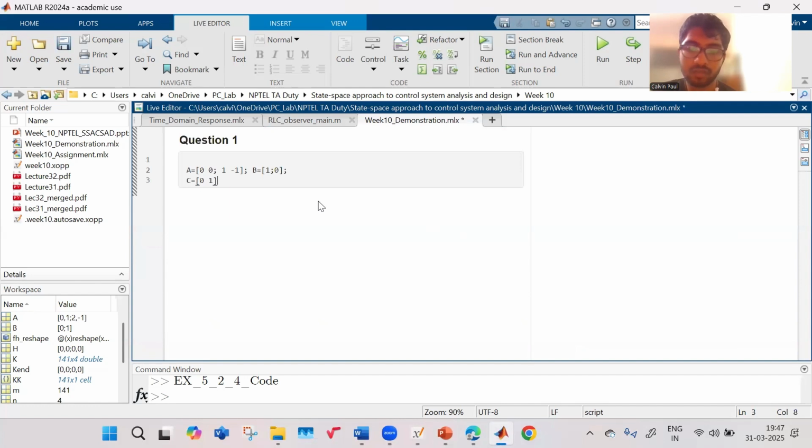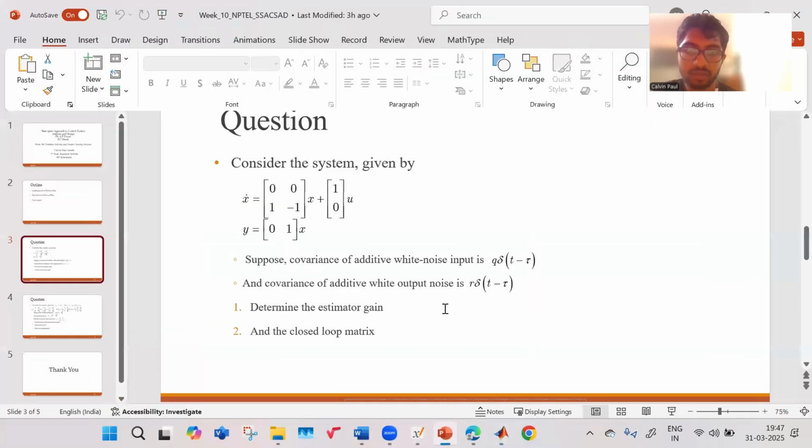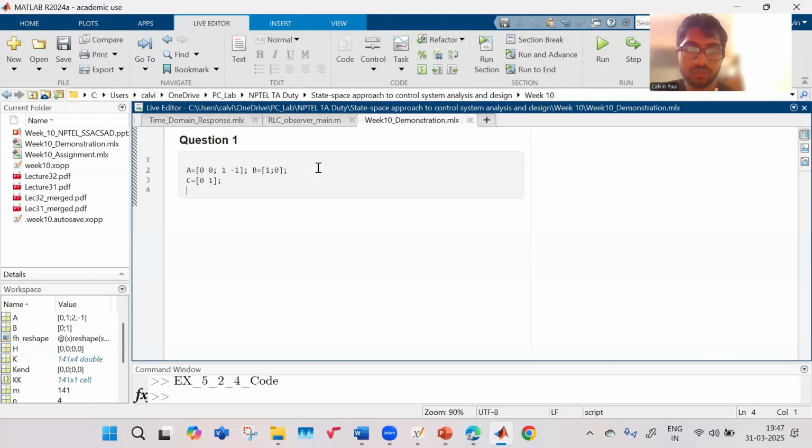P is 0, 1, the ABC matrix, what is just given. Okay, Q equal to.